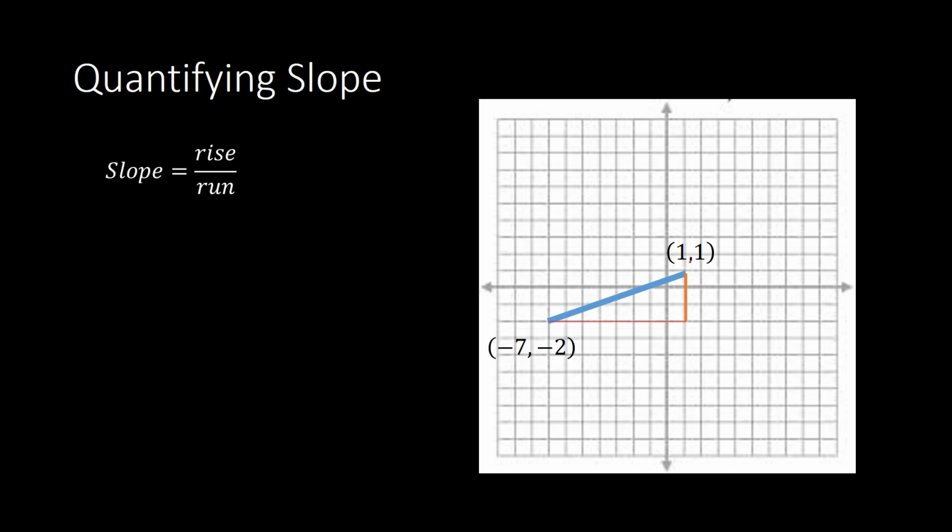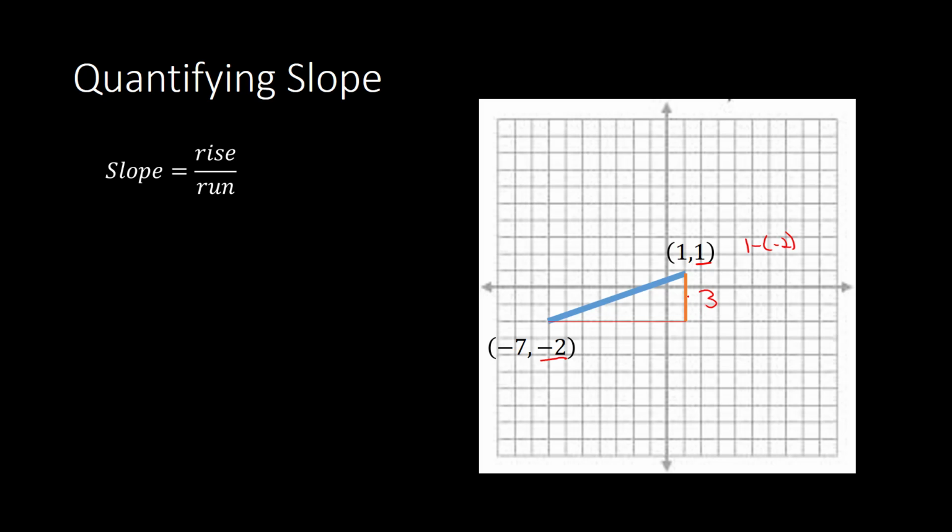So if I notice the y values for the ordered pairs, the 1 and the -2, if I subtract 1 minus a -2, notice what I get. 1 minus a -2, that's going to give me a +3. And notice that is the length of this vertical component. That would be a 3.